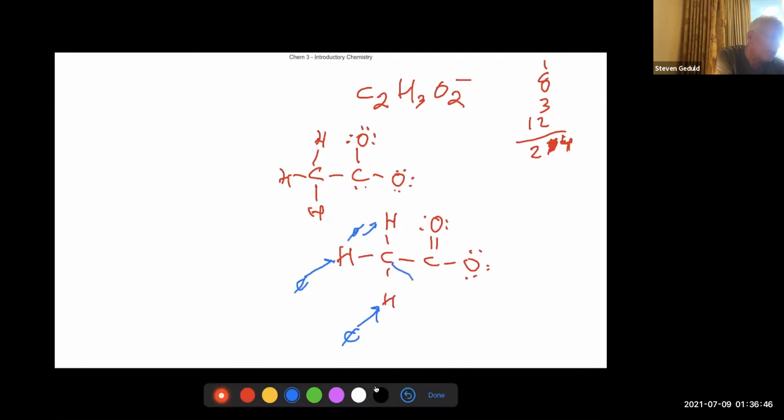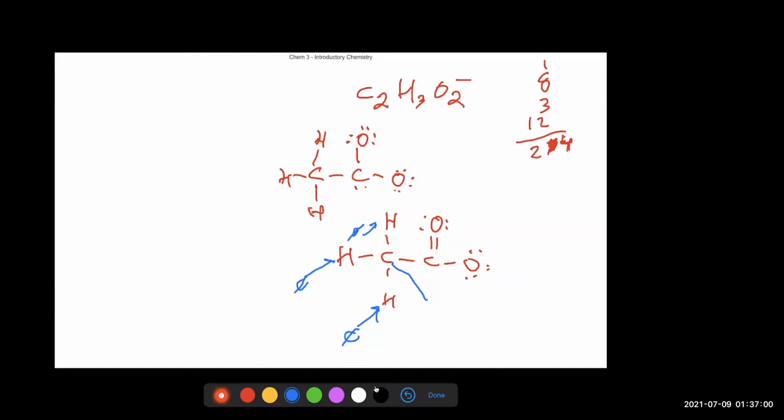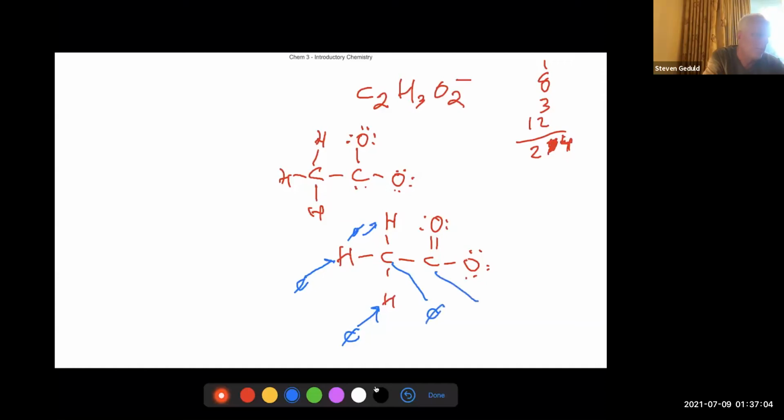Formal charge on carbon. Carbon normally has what? What's our valence electron number from the periodic table? 4. And how many bonds do I have attached to it? I have 4 bonds attached, right? So 4 minus 4 is 0. This carbon has 4 bonds attached to it. It's 0 also.